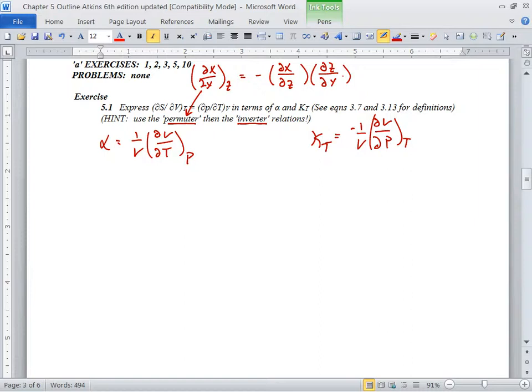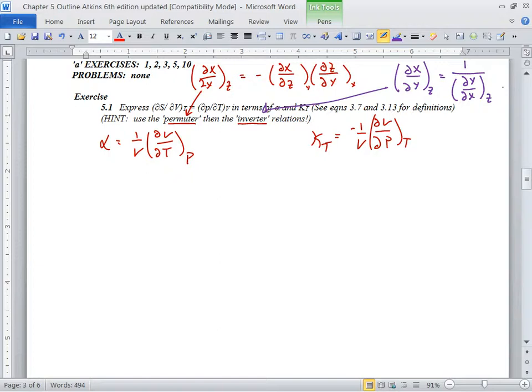That was our permuter. Oh, I forgot my subscripts, y and x. Our inverter was pretty much you just flip it.